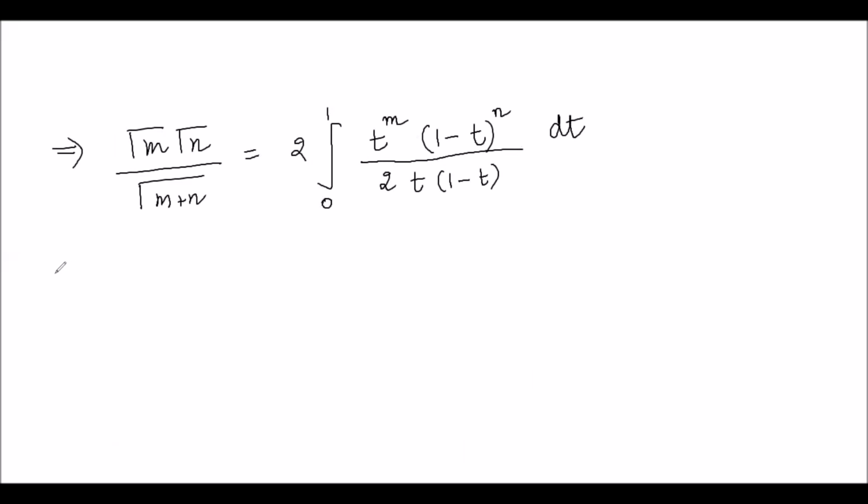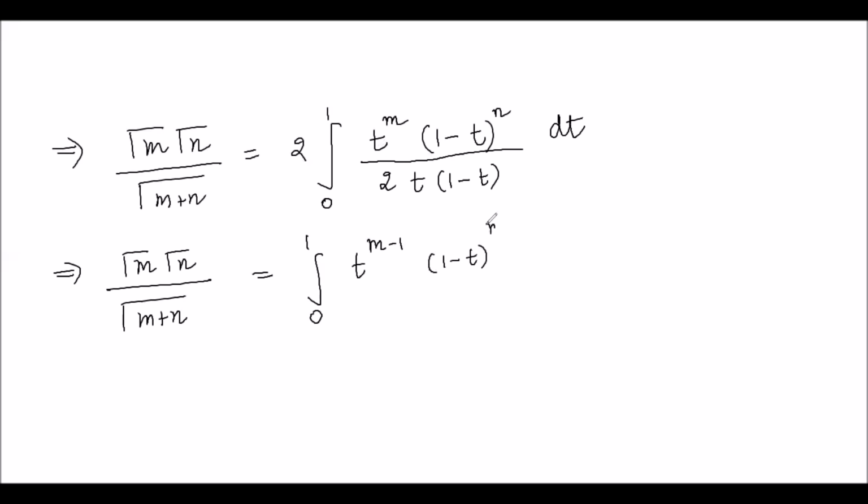Let us simplify it further. Gamma of m gamma of n divided by gamma of m plus n on the left hand side. The limits, see, we are getting the same limits which we have in the definition of the beta function. T raised to power m minus 1, 1 minus t raised to power n minus 1 dt.